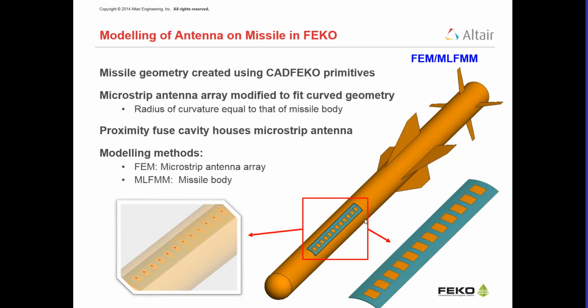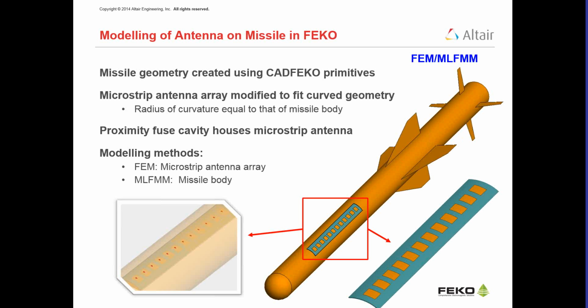So you can use FEM on the array here, but you can use MLFMM on the rest of the body. That will give you the flexibility of FEM for materials and also the power of MLFMM on the missile body. So you can see that we could compute with the missile and without the missile for the array and could successfully compute the radiation patterns of the missile.